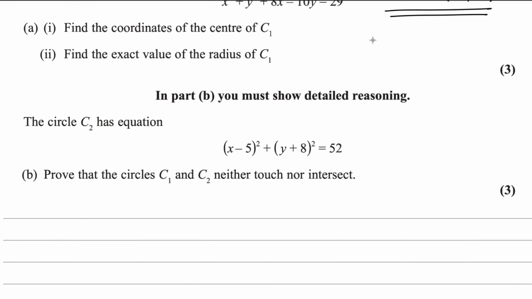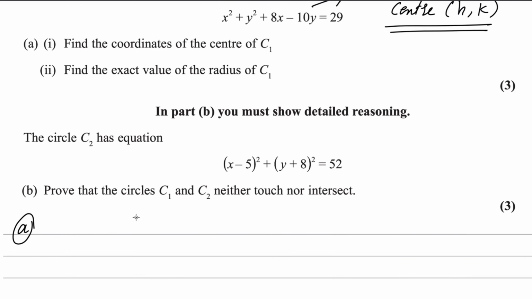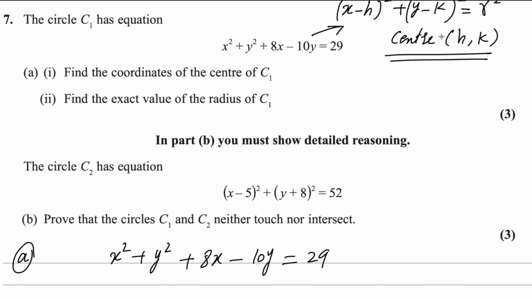Let me write this equation over here for the first part. That is x square plus y square plus 8x minus 10y equals to 29. We will change this equation into this form.